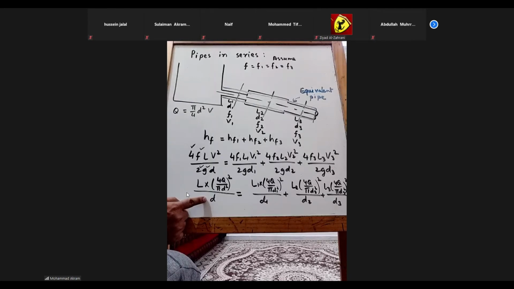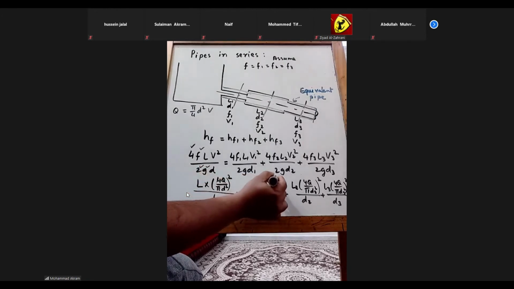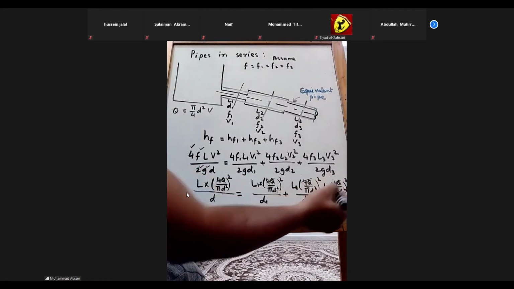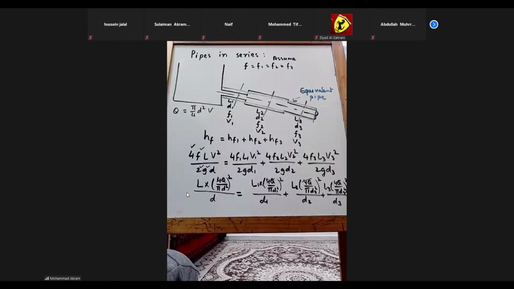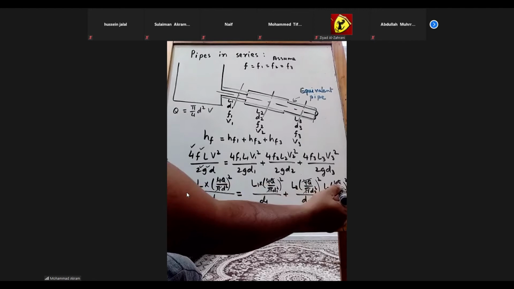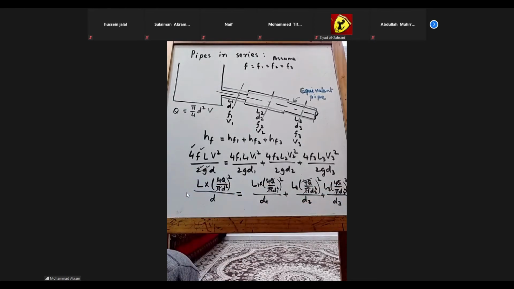Are you getting this? See this, 4Q, 4Q square, 4Q square, 4Q square. You can take common and cancel. Pi is gone. Here 1 divided by d squares is square. So this will be 1 divided by d raised to 4.